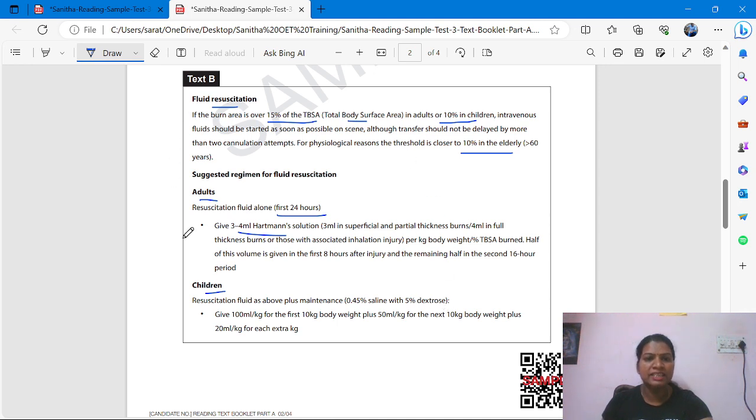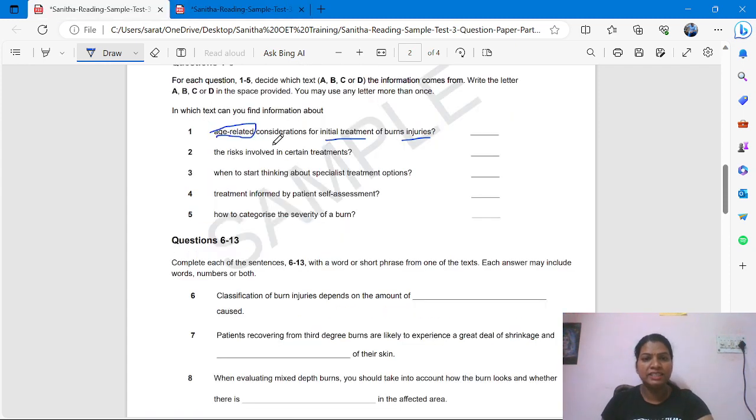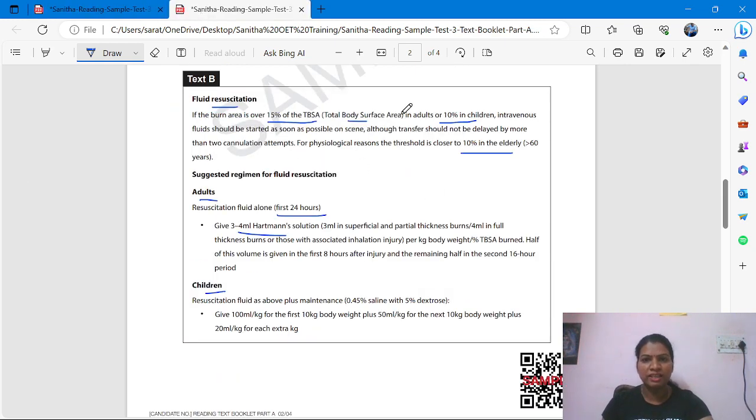See, here age related information is given. The burn area is over 50% of the total body surface area in adults, or 10% in children. Intravenous fluid should be started as soon as possible on scene. What is the question? Age related consideration for initial treatment. So we are getting the keywords now.